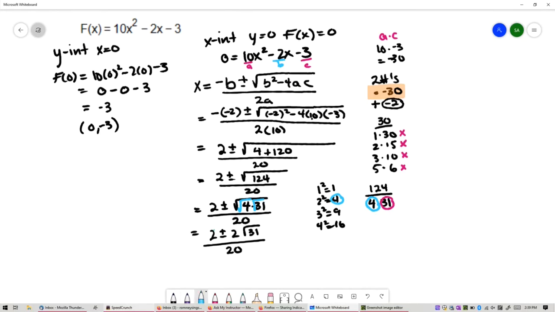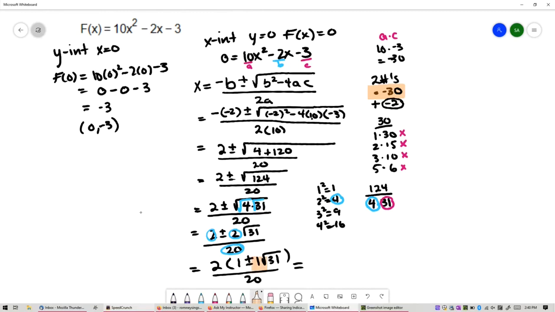So I can see that these two numbers are even, which means that they have a factor of 2 in the numerator, and this number is even, so there's a factor of 2 in the denominator. So I can factor out the 2 from the numerator, and if I do that, I would have 1 plus or minus 1 square root of 31 over 20.